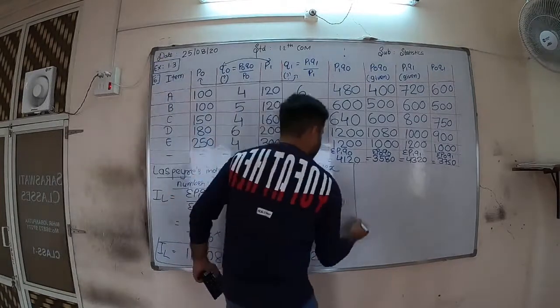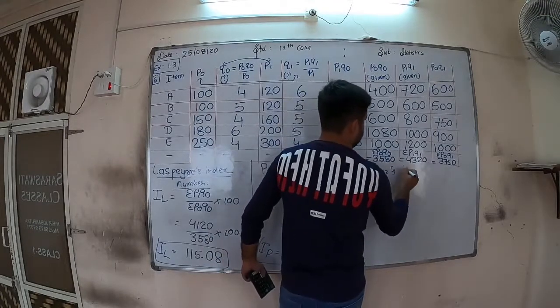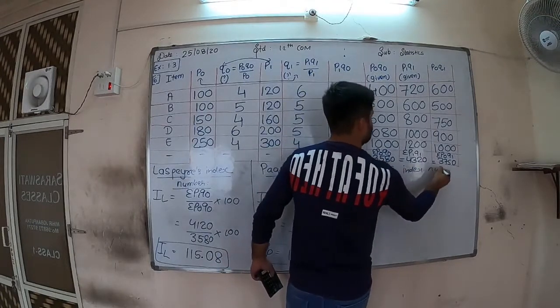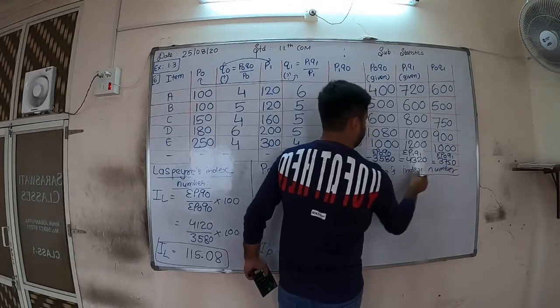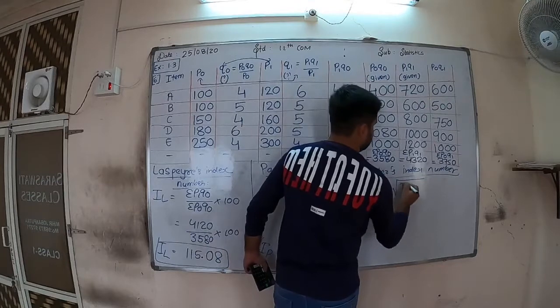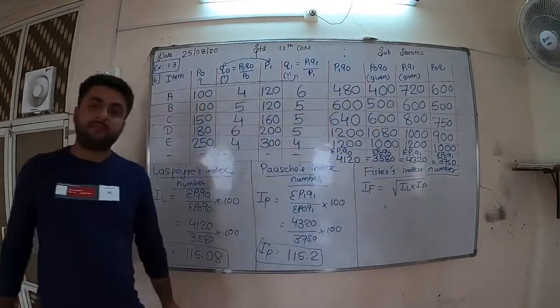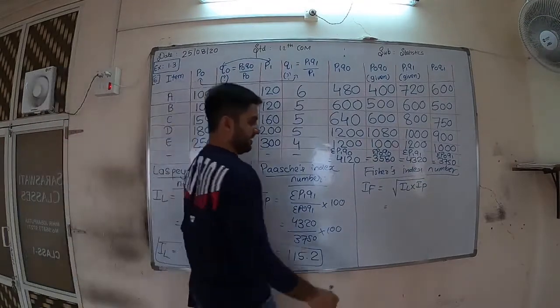Last, Fisher's index number. IF is equal to the square root of IL into IP.